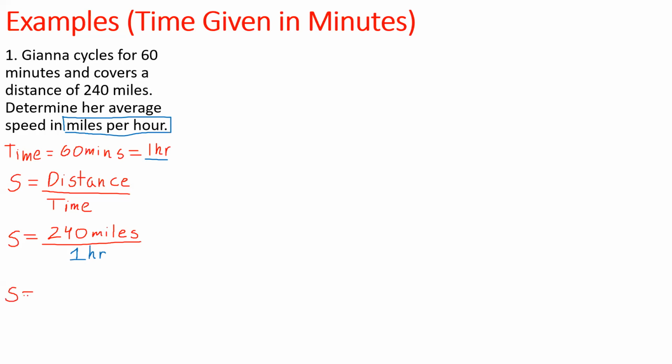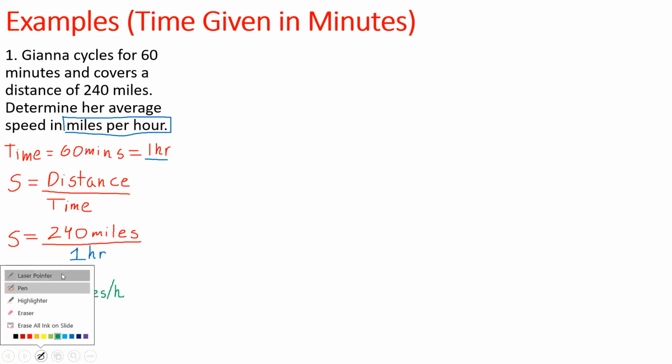What is 240 divided by 1? It's 240 miles per hour.